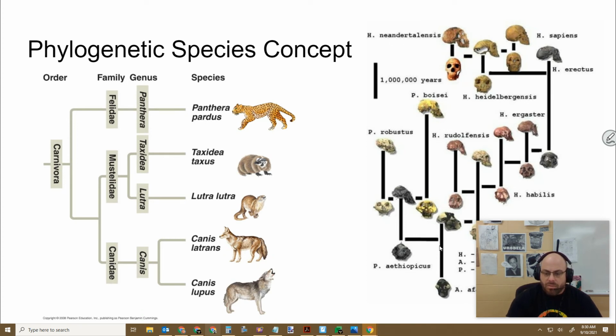Well, they reproductively isolated themselves a long time ago, and we didn't really meet them until Homo sapiens expanded into Europe and competed with Neanderthal. And so you get the idea. This just shows you a broader sort of idea with that species concept.